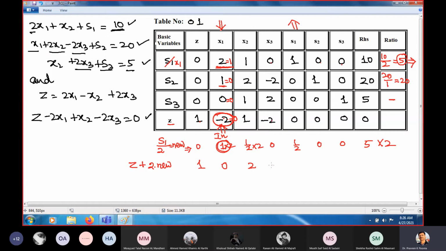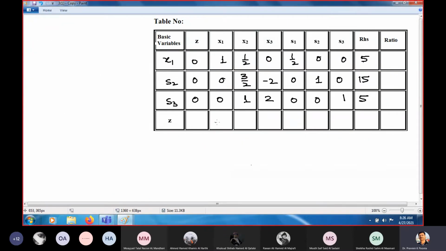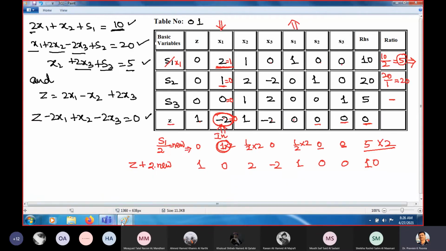Minus 2 plus 0, it is minus 2. 0 plus 1, it is 1. 0 plus 0, 0. 0 plus 5 into 2, 10. So this is how we are changing: 1, 0, 2, minus 2, and 1, 0, 0, 10.